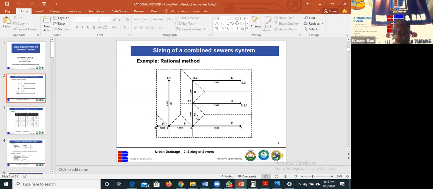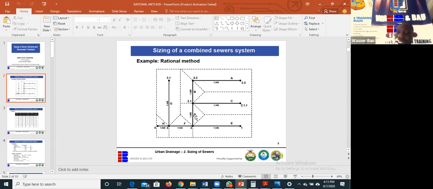Now, mind you, pipe D is going to be a bigger pipe because it's taking tributary flow coming from A, from C, and from B. Or simply put, it's taking flow coming from B and C, knowing fully well that the flow coming from A has already been included in the flow coming from B.